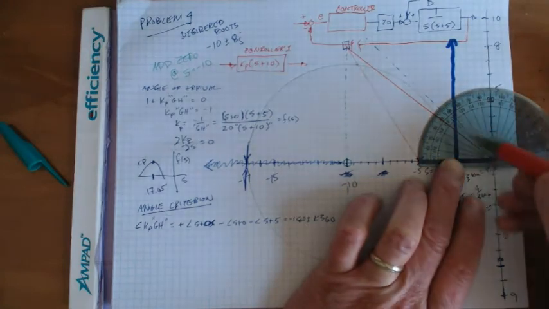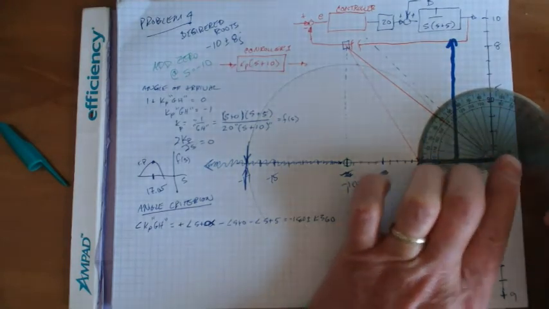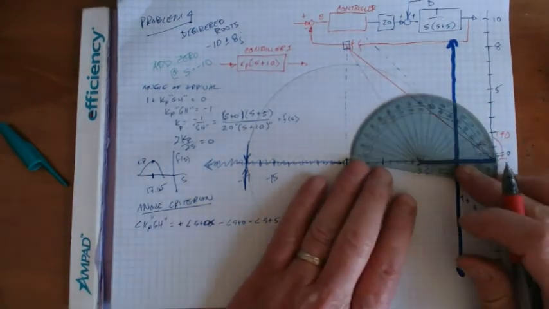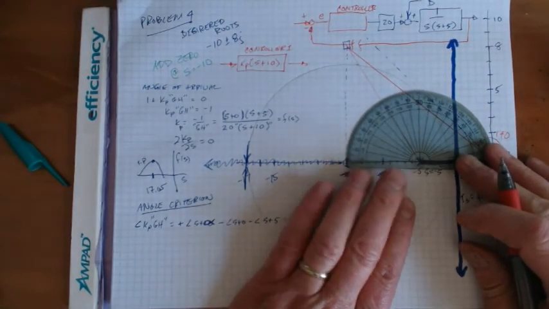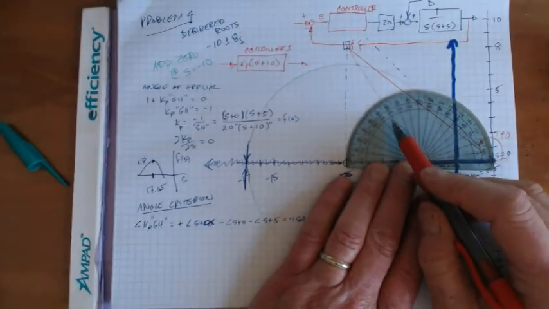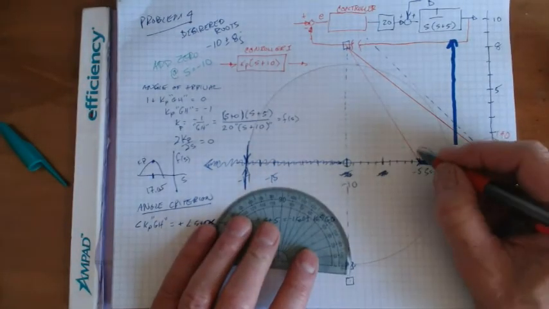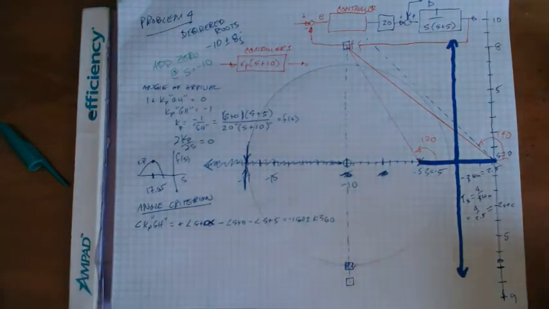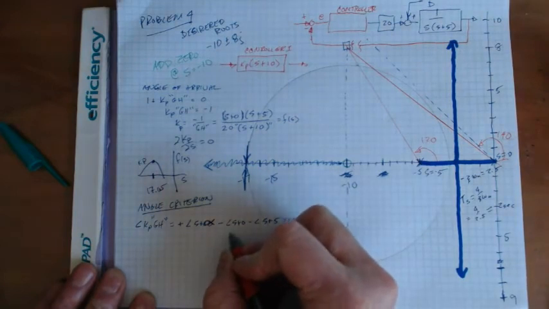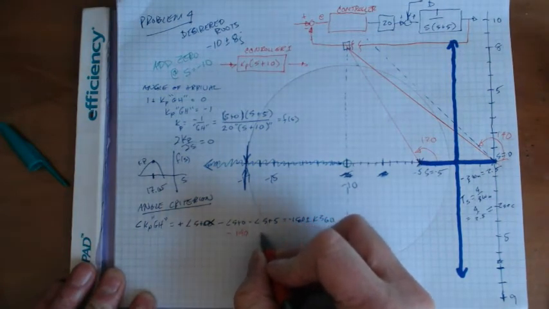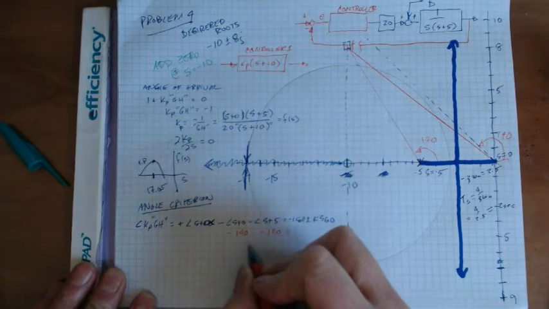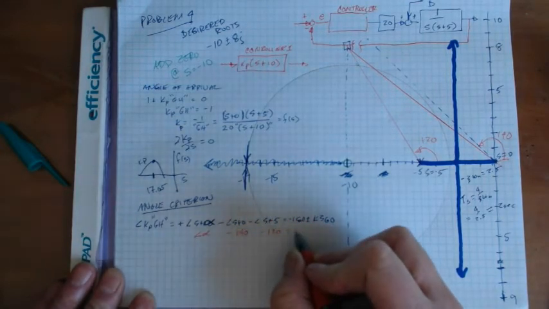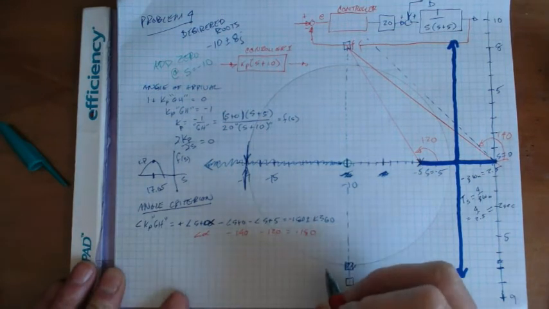So let's call this 140 degrees. Let's see what this one is. This is 120 degrees. Right? And so now what we can do is, this is minus 140 minus 120, and the angle of alpha is equal to minus 180.